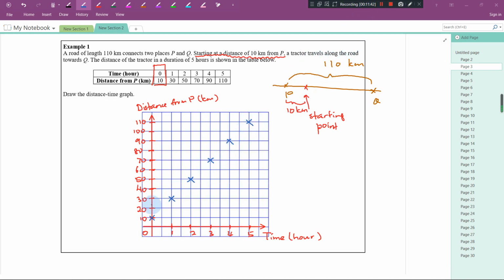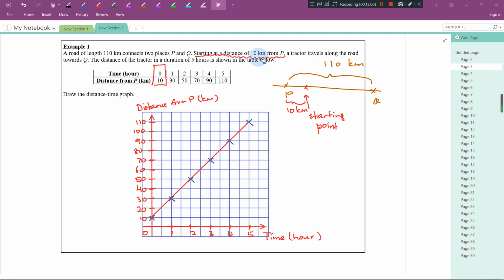Okay, so after you have finished plotting all the points, what we need to do is just connect all these points together. Okay, so this is the graph. From here you get a perfect straight line. So from here you know that this tractor moves at a uniform speed.